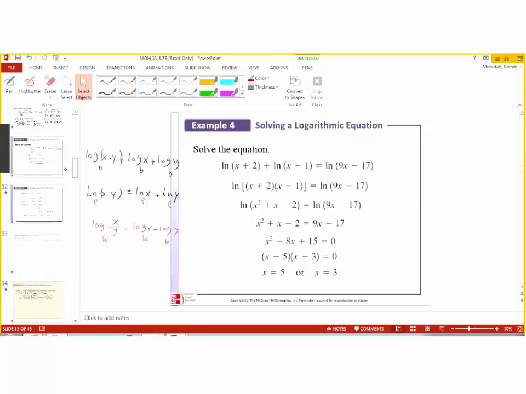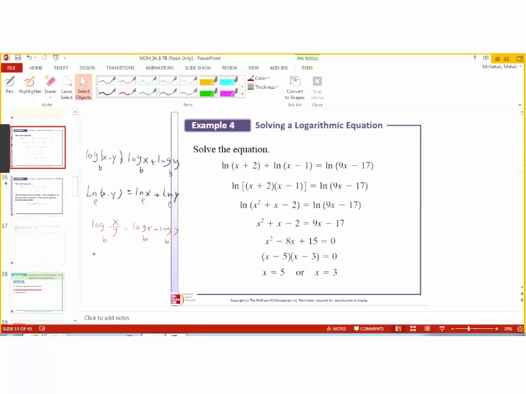So that would be the same as for the natural log. Natural log of x over y is equal to natural log of x minus natural log of y.